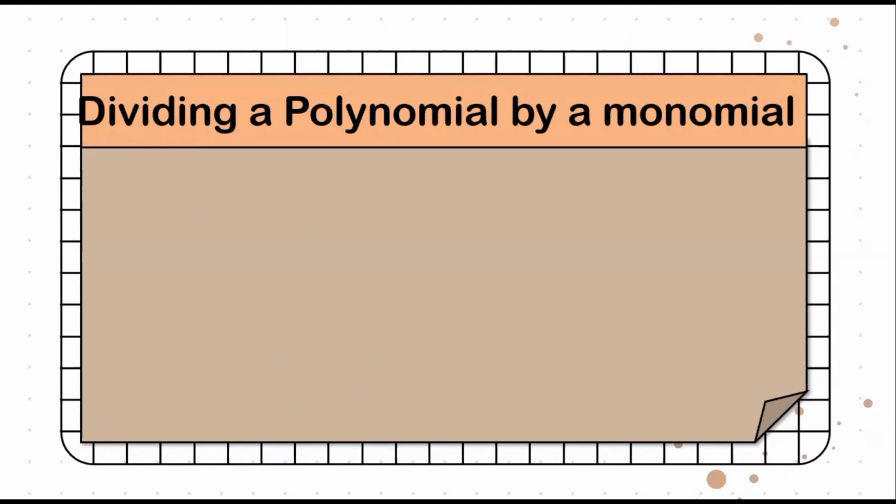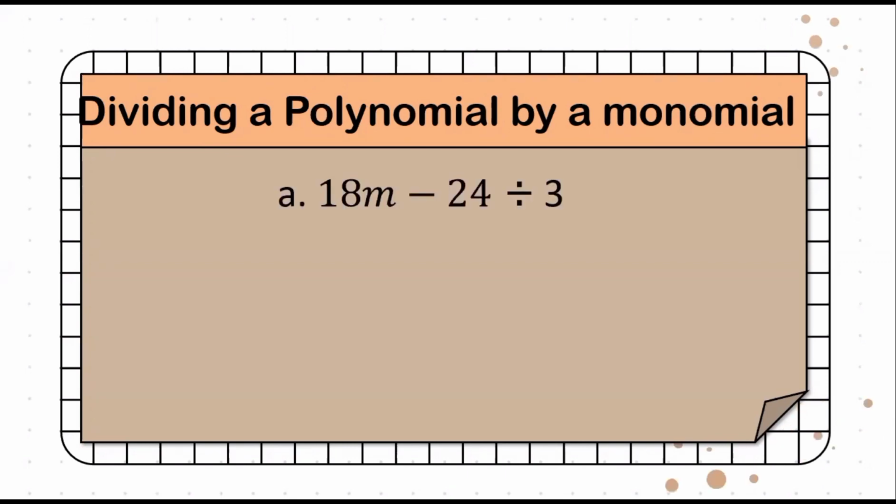We now have dividing a polynomial by a monomial. So how do you divide now a polynomial by a monomial? Meaning, 2 or more terms divided by 1 term. Okay? So we now have the following example.